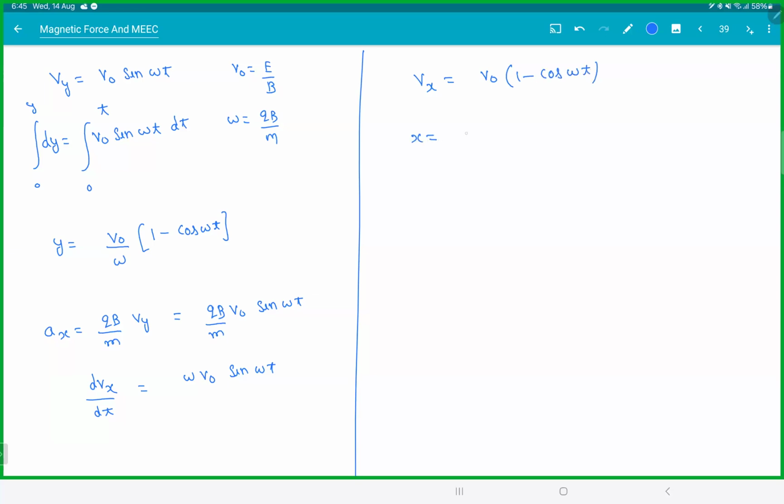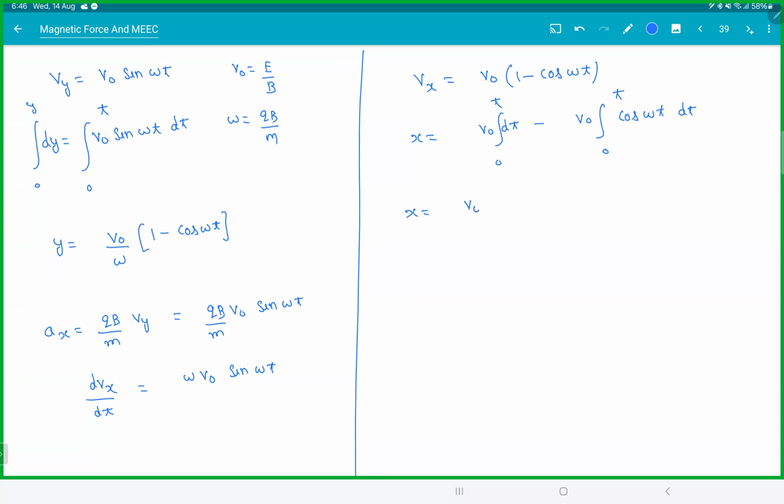Integrate this again, the x coordinate would be the integral of V0 dt minus V0 cos omega t dt, from 0 to t.